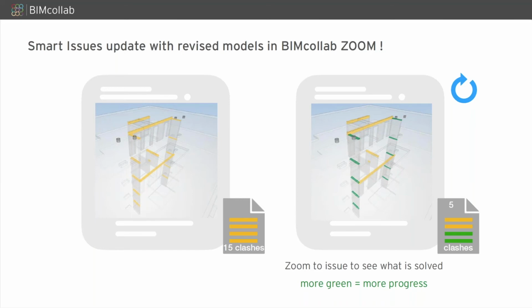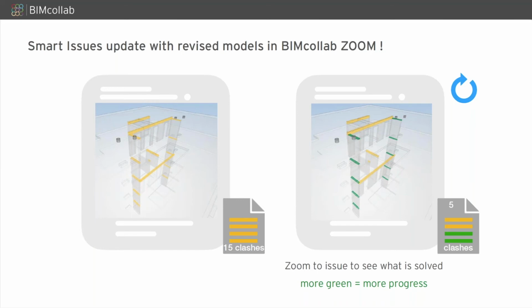They can even update the viewpoint to allow you to view what has been solved from the clashes it contained and which ones are still active or should be fixed. So green indicates the clashes that are resolved by new models, and the orange ones are still open and need to be solved still.